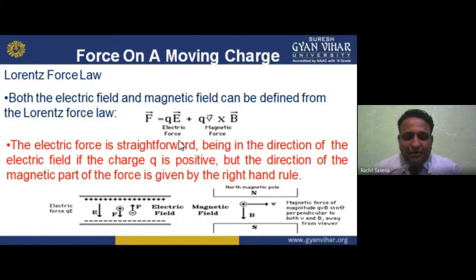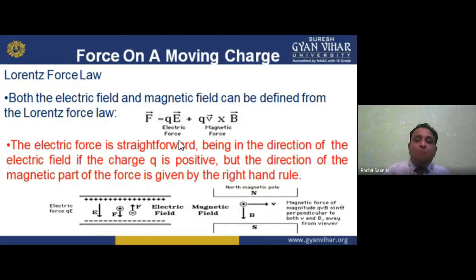Now one thing I want to tell you here: in a motor or generator, we have two things. In the generator we use Fleming's right hand rule, and the direction is clockwise.